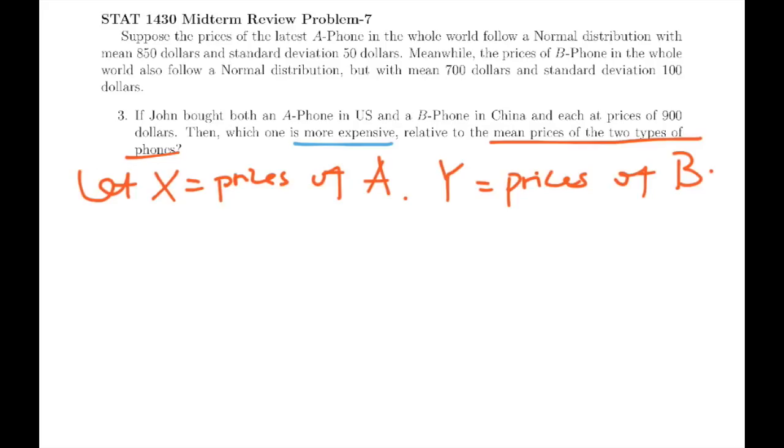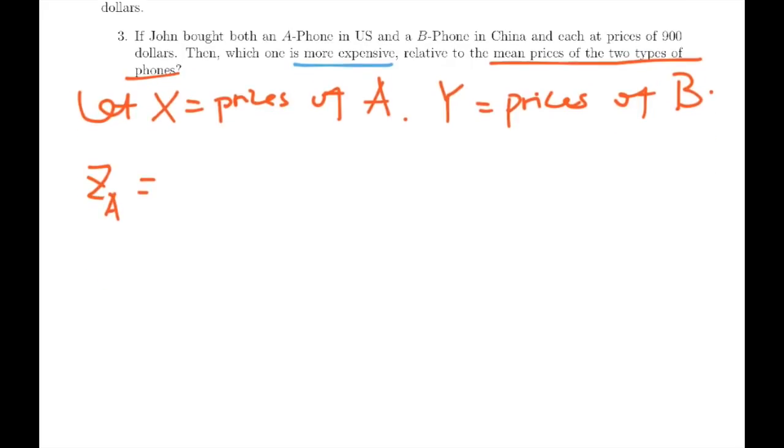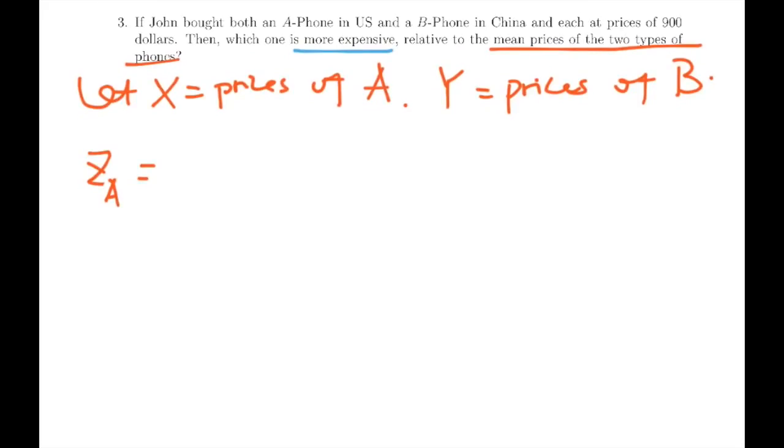Okay, so I'm going to use a subscript to represent which phone we're talking about. So z sub A means the z-score for the A phone. It is given by x minus the mean of the A phone divided by the standard deviation of the A phone.